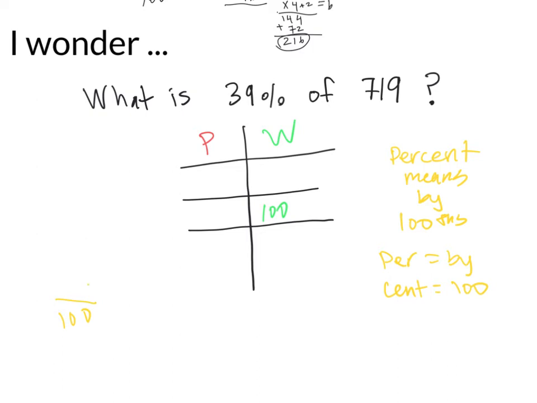Anything over 100 is that percent. That's 6%. That's 7%. This is 80%. This is 90%. This is 100%, which means it is 1. 100% does not mean 100. It means one whole.